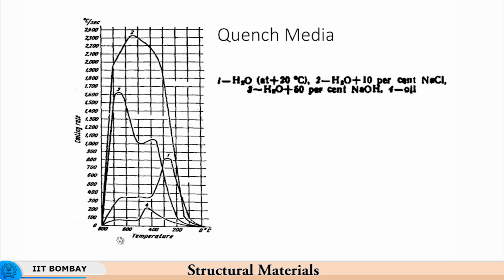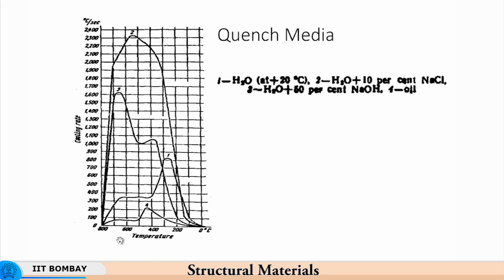So, if you take just water as a quenching medium, the maximum cooling rate that is achievable is quite limited because it is just water. But if you add 10% sodium chloride, that is 10% salt, then the maximum cooling rate achievable becomes very high.